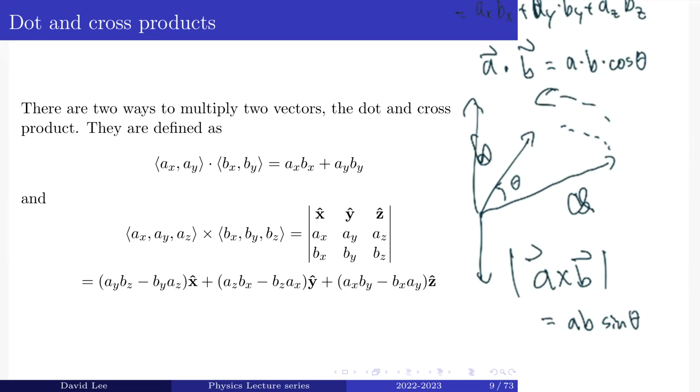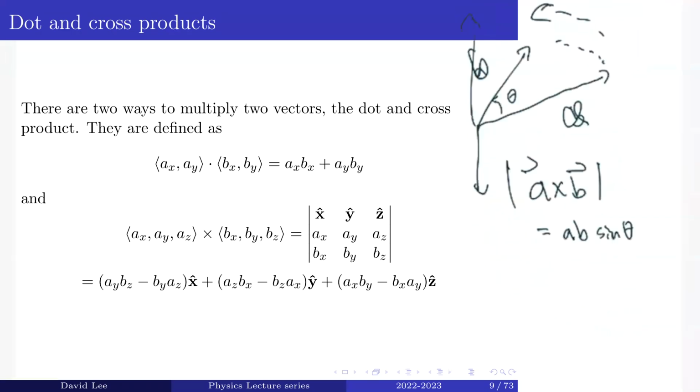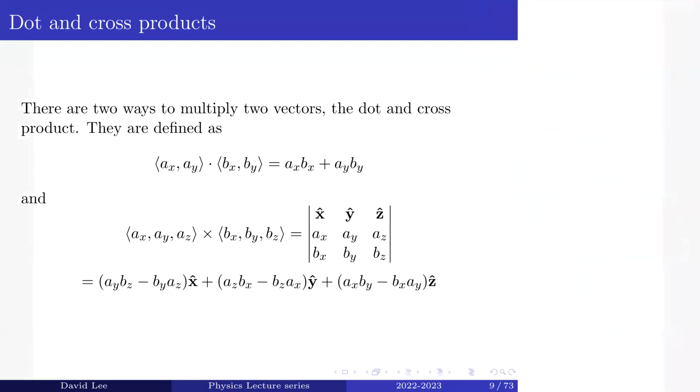But anyways, if you have two vectors in 2D, the direction will be either into the page or out of the page, and it'll be determined by the right-hand rule. The right-hand rule is kind of hard to draw, so if you don't know the right-hand rule, I would recommend looking up some pictures online.